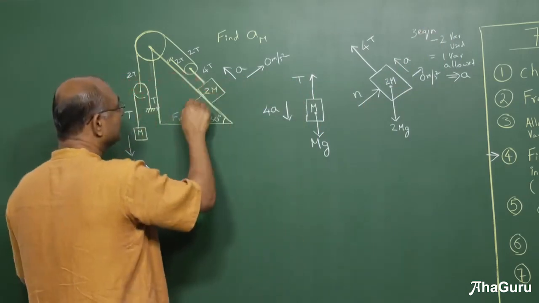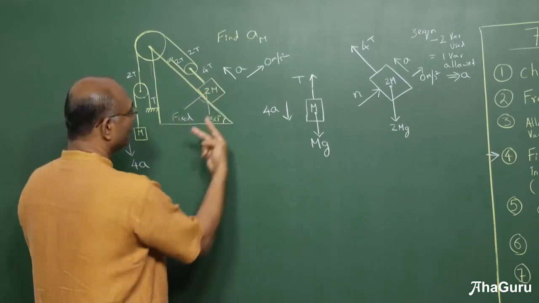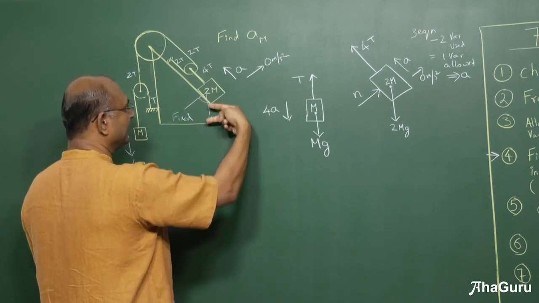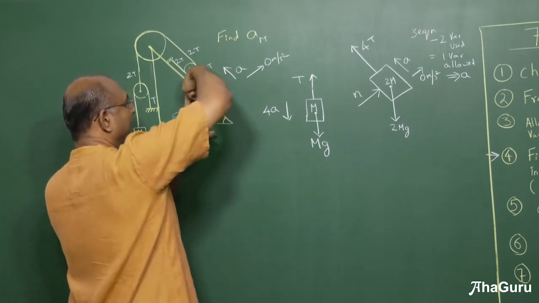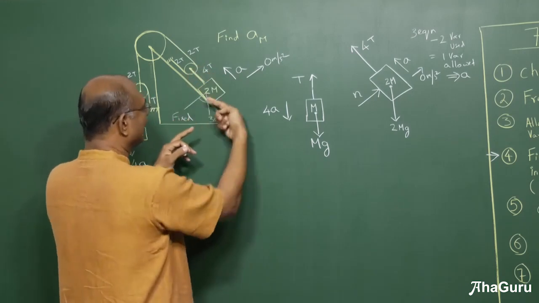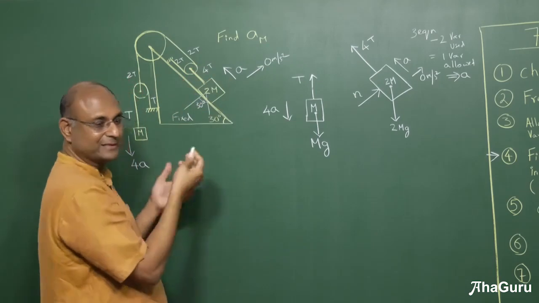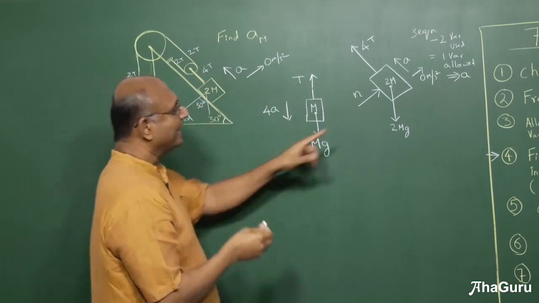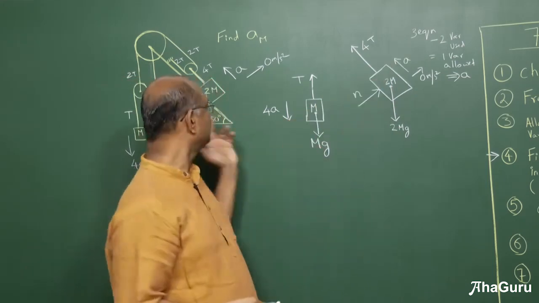Now this and this angle, you know that if this angle is 30 degrees and I basically take the horizontal and make it vertical, then along the incline will become perpendicular to the incline. We have done this enough times. So the angle between 2 mg and N, or one of the axes, is theta, which is 30 degrees.